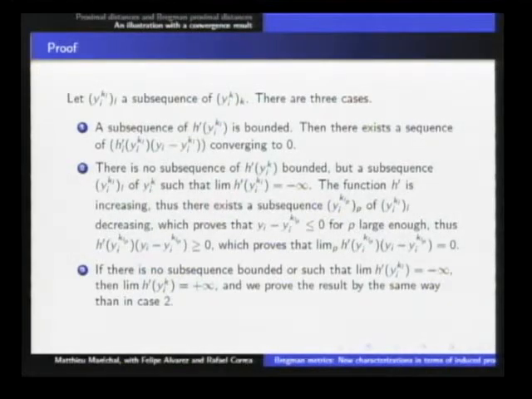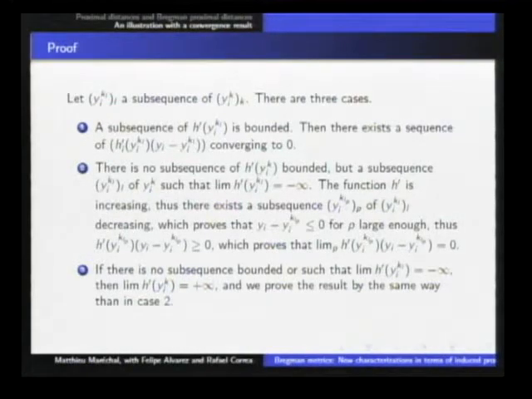The second case is where there is no bounded subsequence of h_i prime of x_k_l, but there is a subsequence whose limit is equal to minus infinity. If the limit is minus infinity, since h_i is convex, h_i prime is increasing, so there is a subsequence which is decreasing.